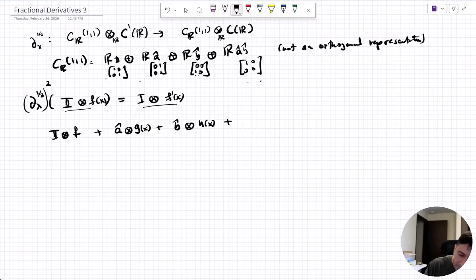These two are linearly independent, yes, but they're not necessarily orthogonal.